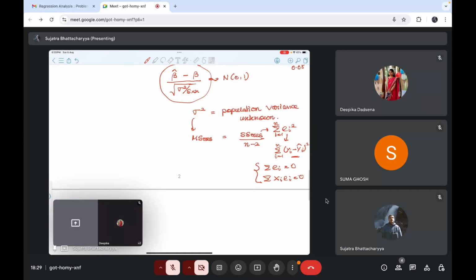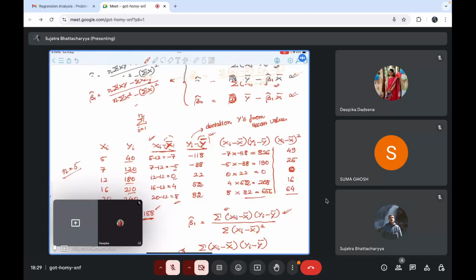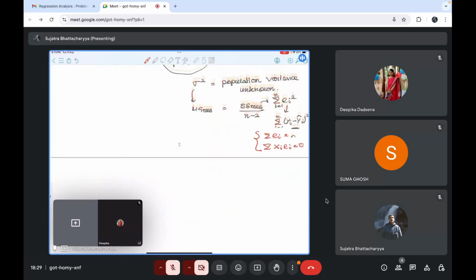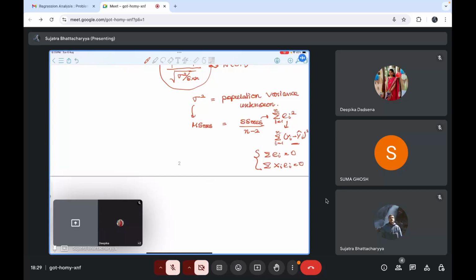What happens is that you have n samples. Here, in this case, 5 samples are there. This is yi minus y hat whole square, your ei square. But if you look at the degrees of freedom of this SS residual, it comes out to be n minus 2 instead of n.